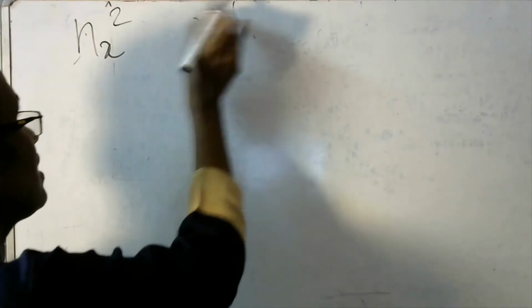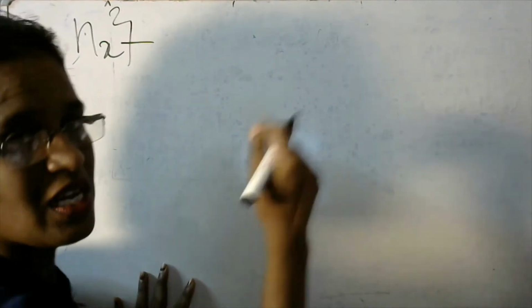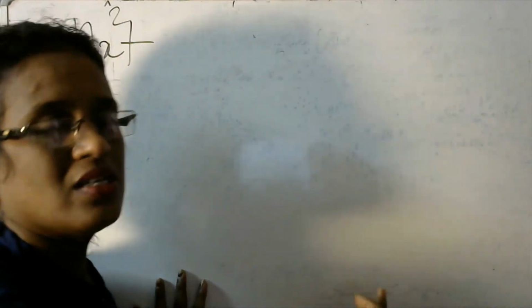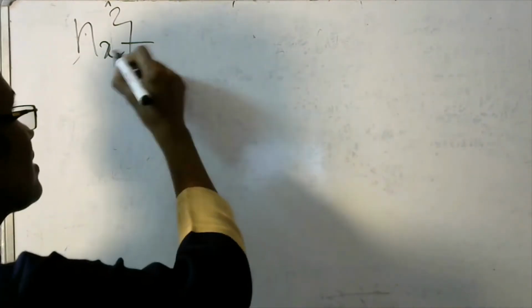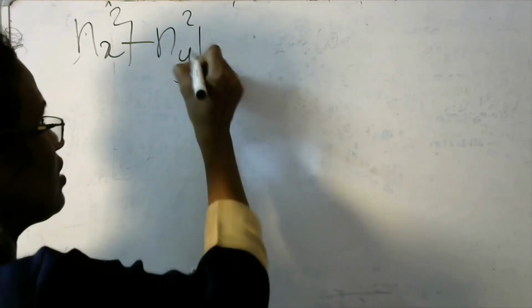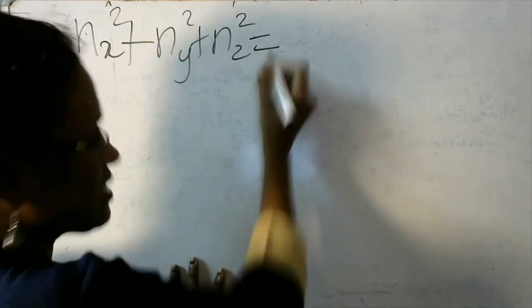So when I add up this equation, nx, I square up and add this equation for convenience sake, because you will find that cos square alpha plus cos square beta plus cos square gamma will become 1. So for that reason, nx square plus ny square plus nz square, you just add it up together.